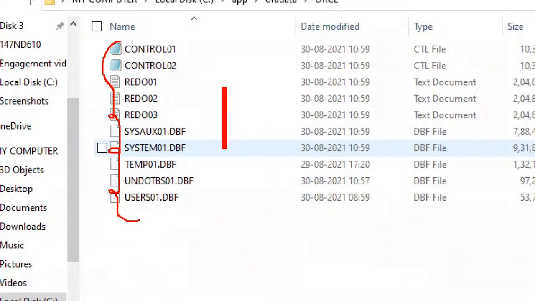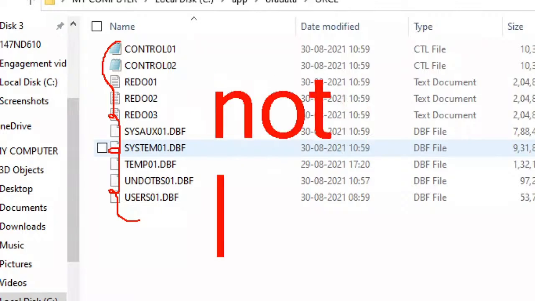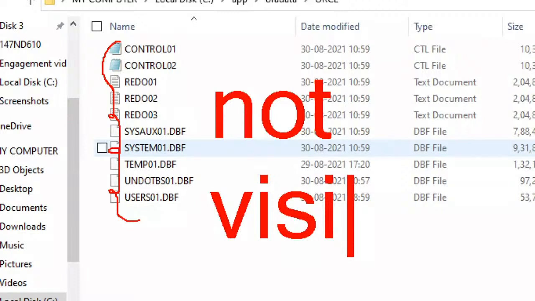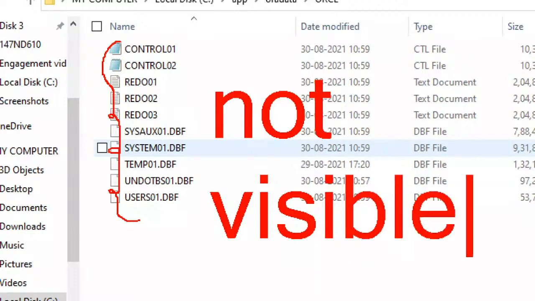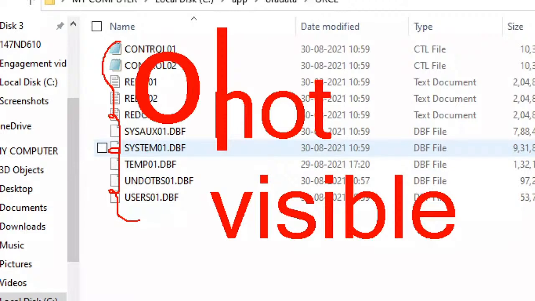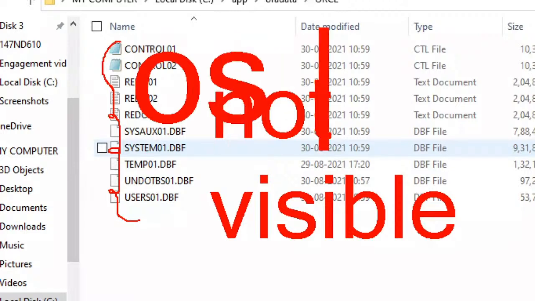But unfortunately, here Z is the table I'm giving. Is that table visible in the operating system or not visible? Very good. Not visible. That's why a structure which is not visible in the operating system, in the OS, is called a logical structure.